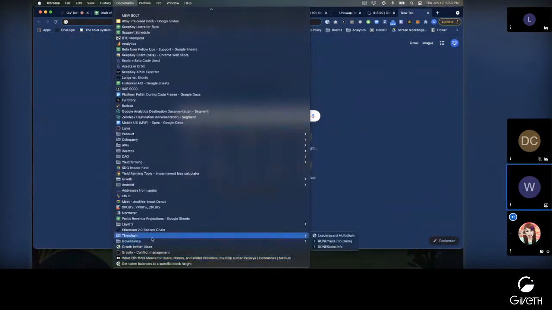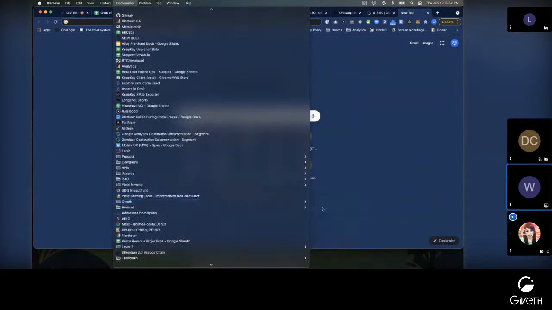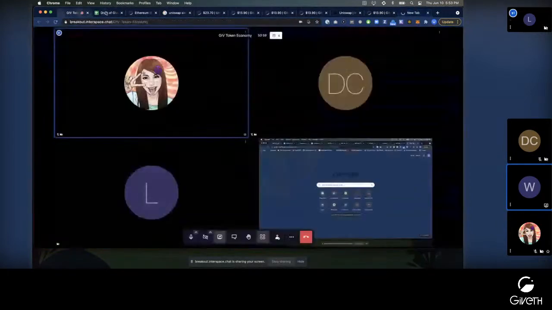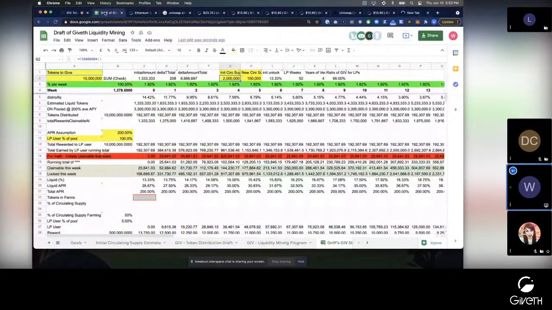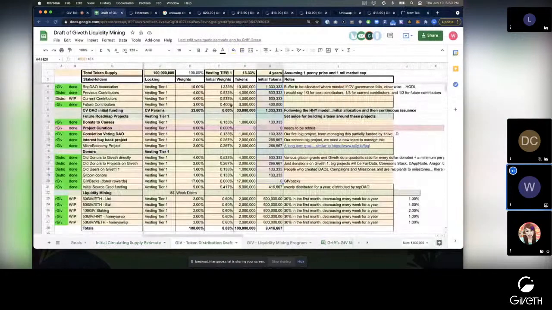What if we went with something a little higher, like 20% or 22%? For the initial unlock? Yeah, 13.33% is pretty low, so I'm open to that. Why do we have 13.33%? Is that what DAppNode's doing, 13.33% locked?